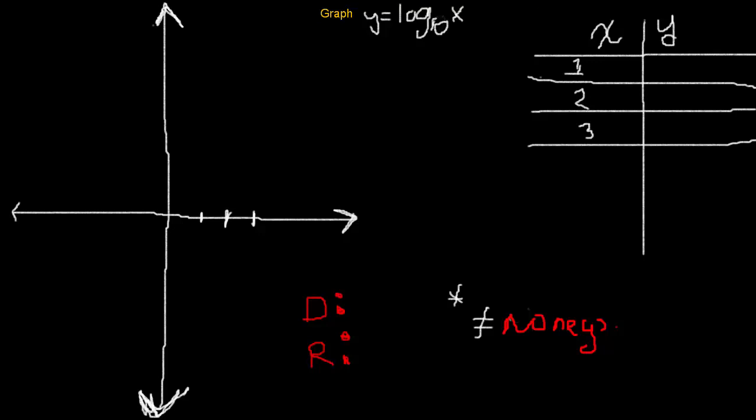I've already plotted some positive numbers, and if you notice, down here I say no negatives. You cannot have a negative x, and that is because of simple exponent properties. Let me give you an example.